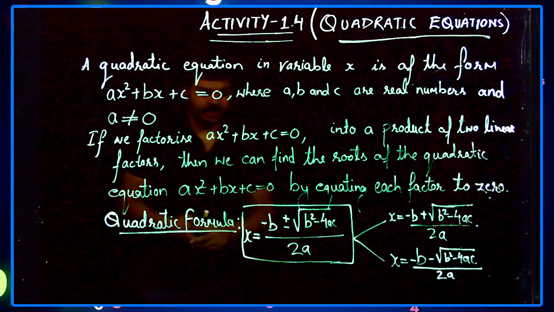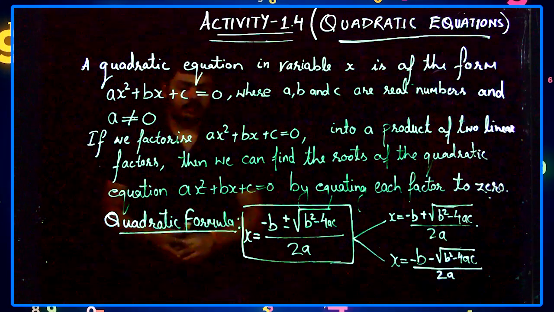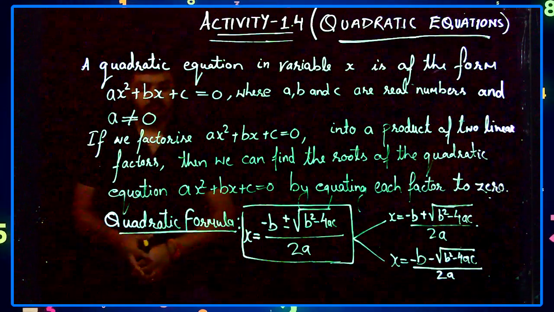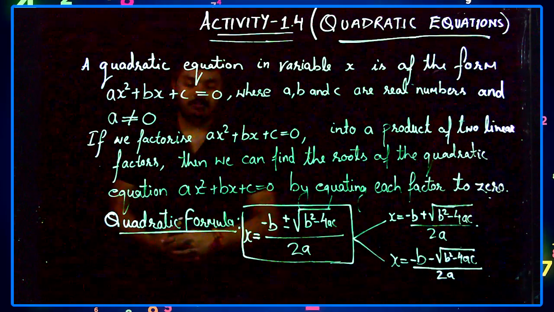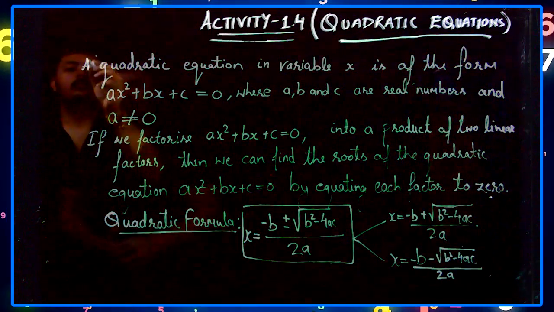So this is the quadratic formula to find the roots of the quadratic equation of the form ax square plus bx plus c equals to 0.